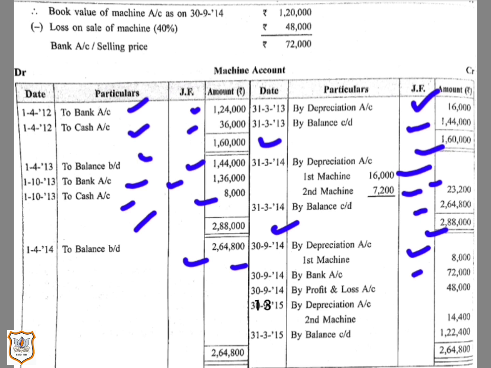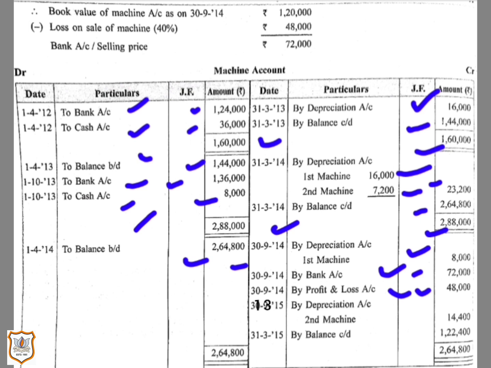And in the particular column, we will write by bank account, as it is the name of the account having opposite corresponding effect. Then as we have sold it at loss, we will record it on the credit side, that is 48,000, and in the particular column we will write by profit and loss account.